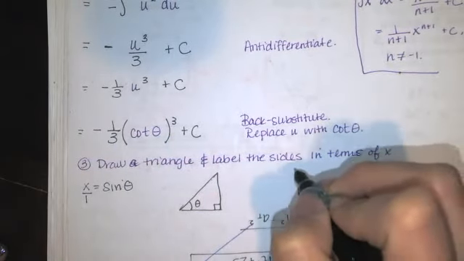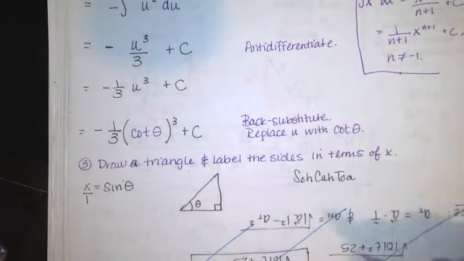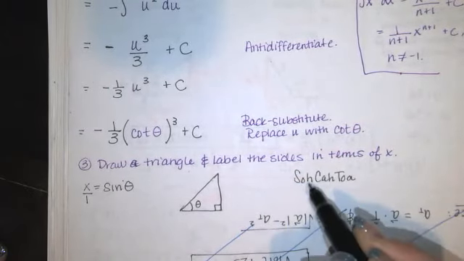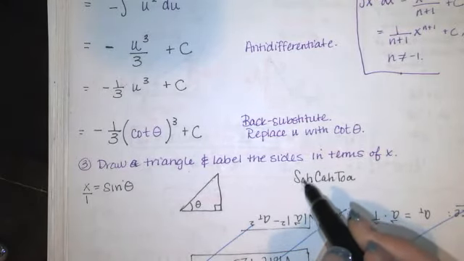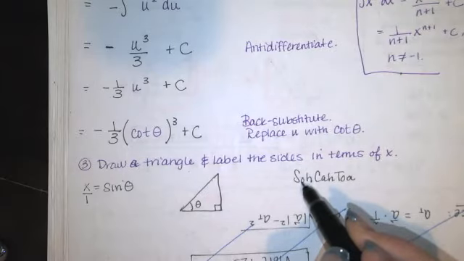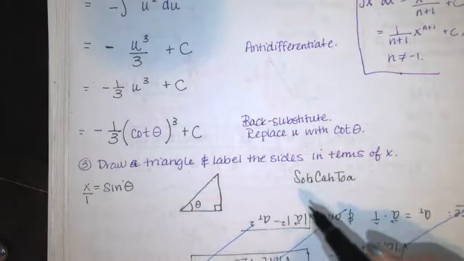And remember from trigonometry, we had this mnemonic device, SOHCAHTOA, that reminded us that sine is actually opposite over hypotenuse. It's the ratio of the length of the side opposite theta and the length of the side opposite the 90-degree angle, which we call the hypotenuse.